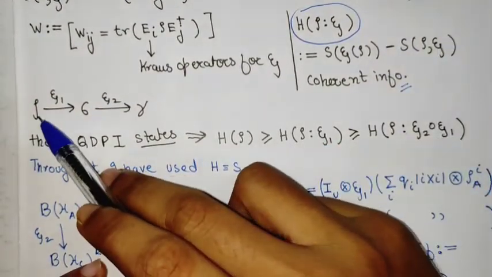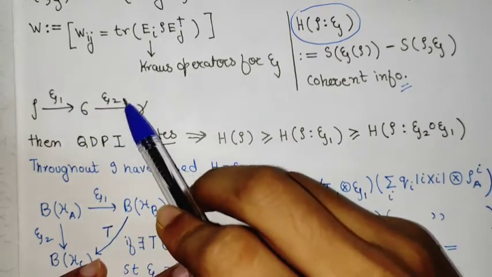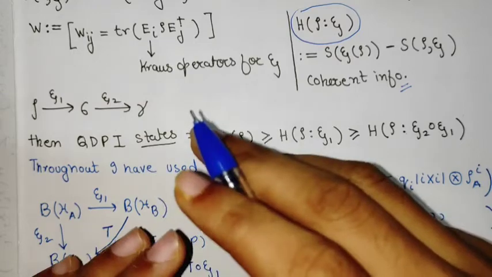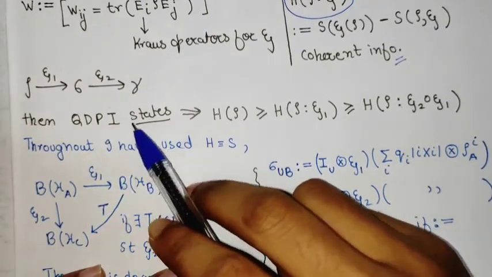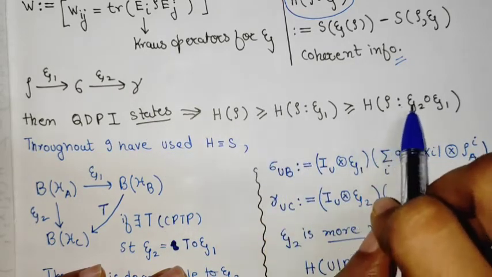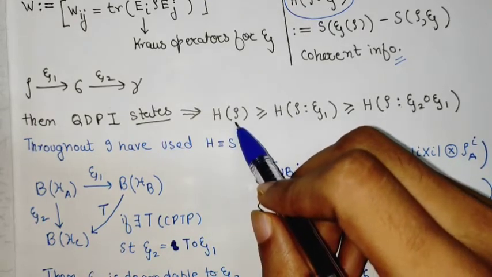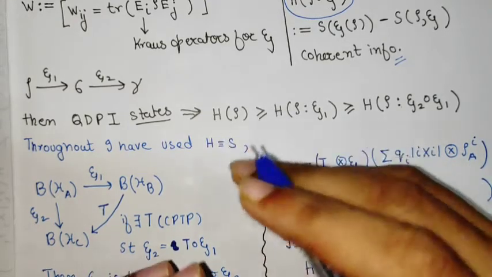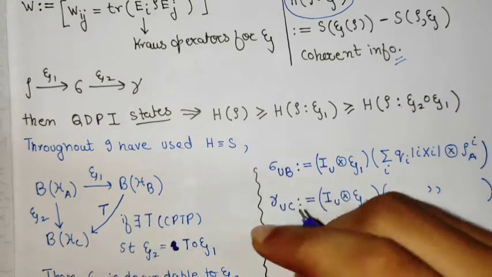Suppose we take a state rho evolved first by CPTP map epsilon 1 and then epsilon 2, almost similar to a Markov chain. Then the quantum data processing inequality states that this particular relation holds. The relation is exactly the same as the data processing inequality that we had, but the definitions everywhere are different. Only the form is superficially the same.